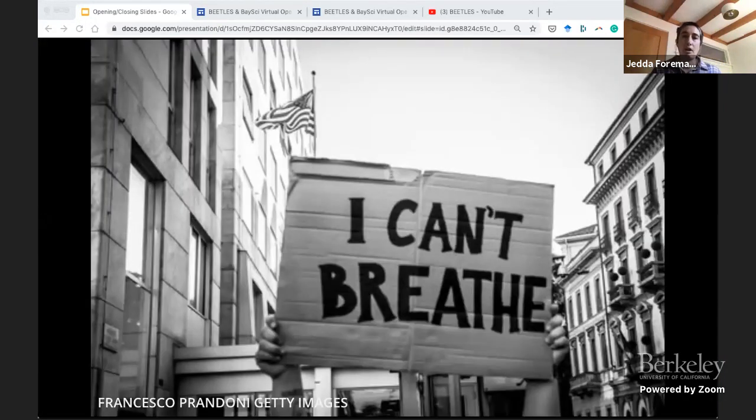We also want to acknowledge the recent momentum for racial justice in the United States and around the world. Much of the national discourse has focused on police violence, and we also want to acknowledge that racist policies, laws, systems, and actions extend far beyond police brutality. Many of our education systems and structures, both formal and informal, are rooted in racism and ideas of white supremacy culture.